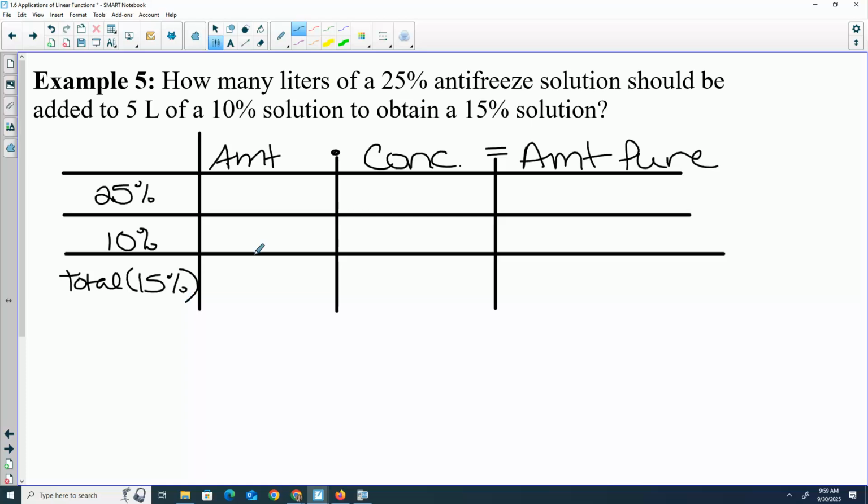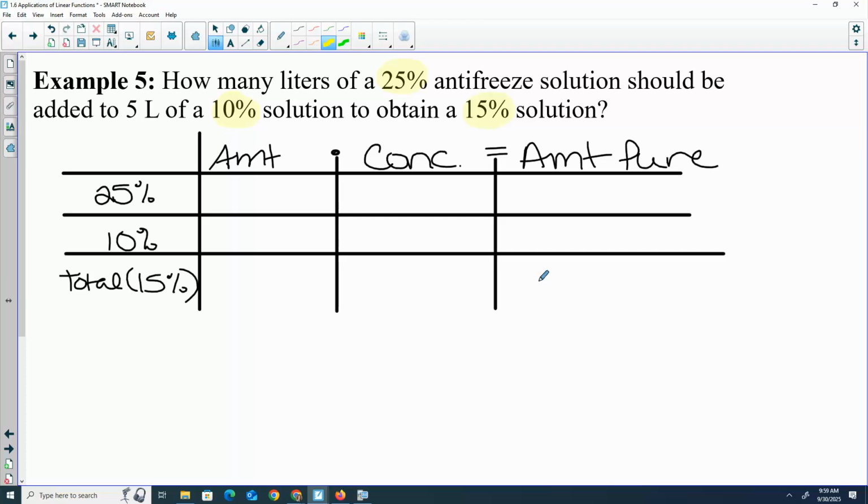Just a hint on these problems. When I'm looking at these, even if I don't read the problem, I know what percent has to be my final one. Your total concentration has to be a number in between the other two. You are going to mix something of high and low concentration and get a number in between.